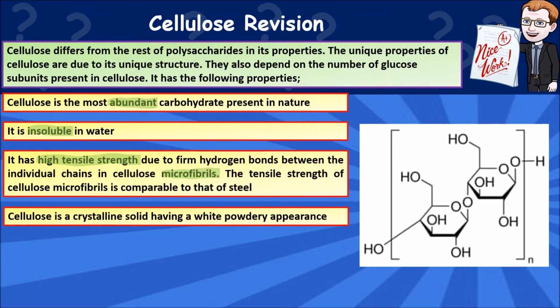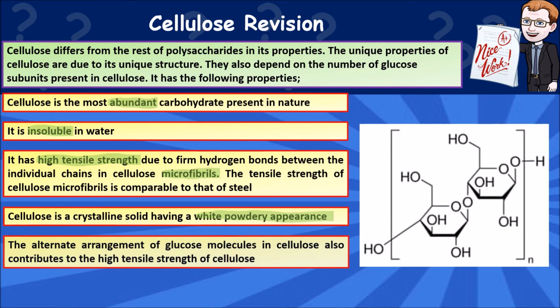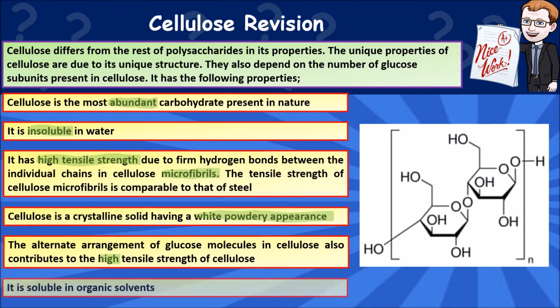If you make cellulose artificially, it forms a white powdery substance. The alternate arrangement of glucose molecules in cellulose also contributes to its high tensile strength. It is, however, soluble in some organic solvents.